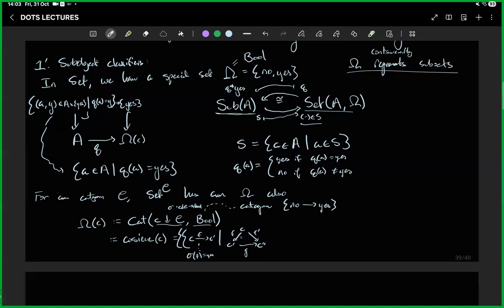So if this is true, and sigma F is yes, then sigma F prime... sorry, I'm writing this in a very confusing way.